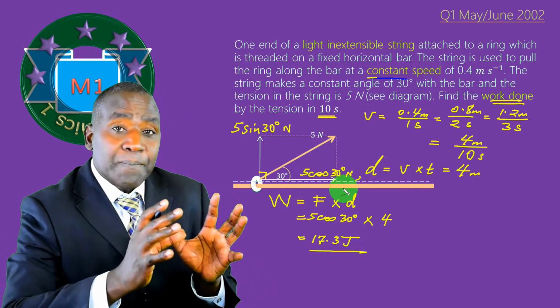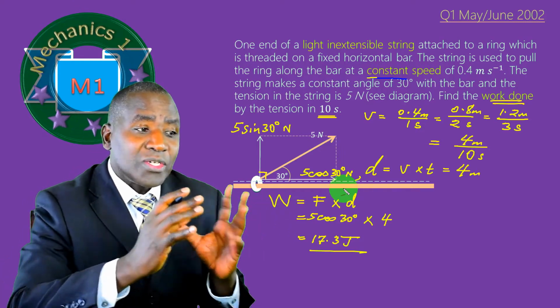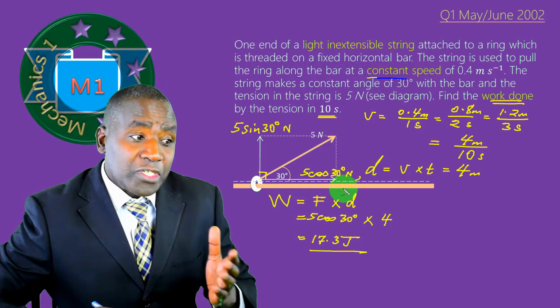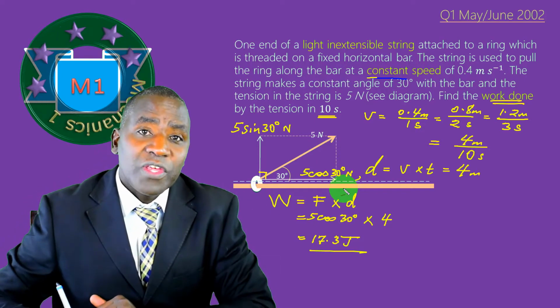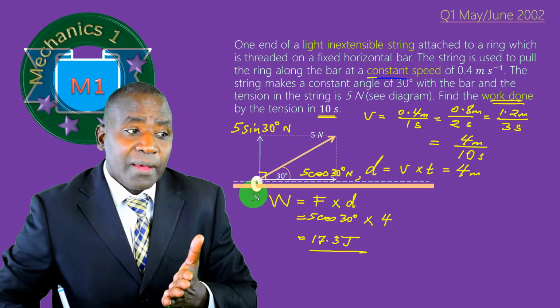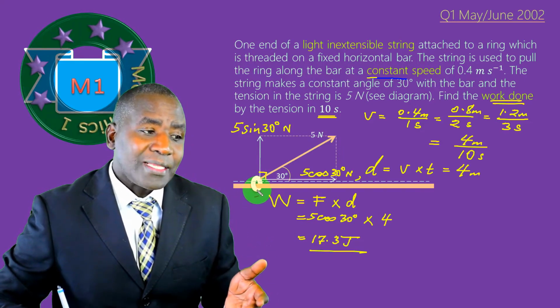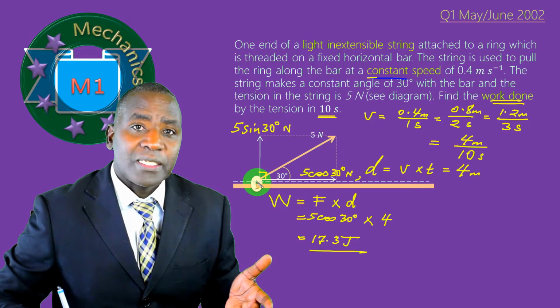So that simple question can be twisted around, and you can be required to calculate so many other things. For instance, even the normal component of the contact force, you can be required to calculate it here. Or even be asked, is that ring making contact with the wire at the bottom part or at the top part?